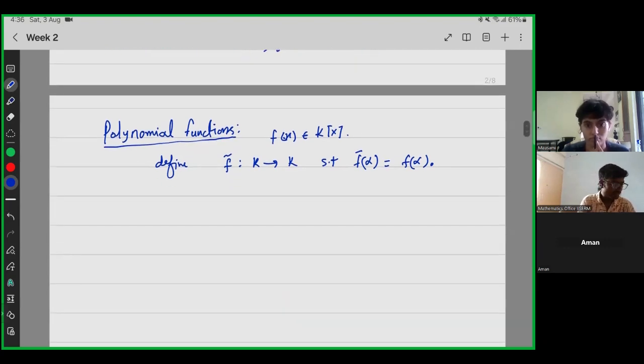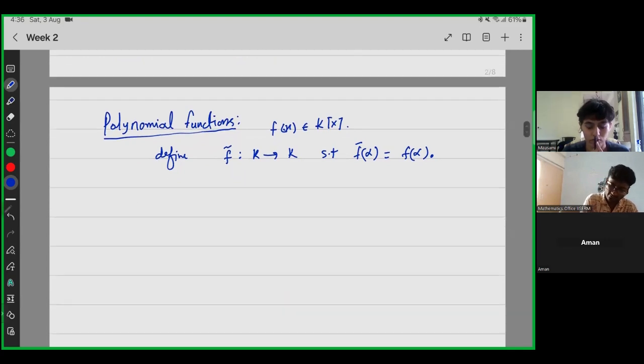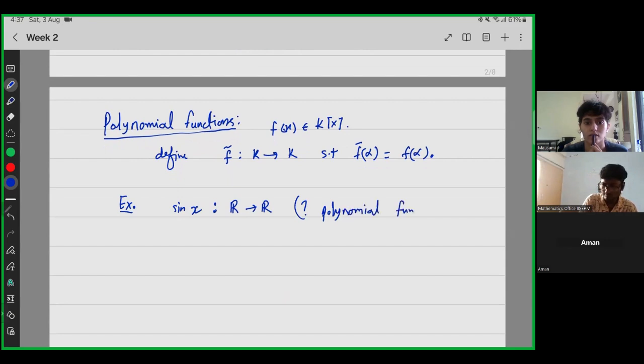So there was a counterexample, let's say sin x. Sin x is also a function from, let's say, R to R. So the question is, is this a polynomial function?